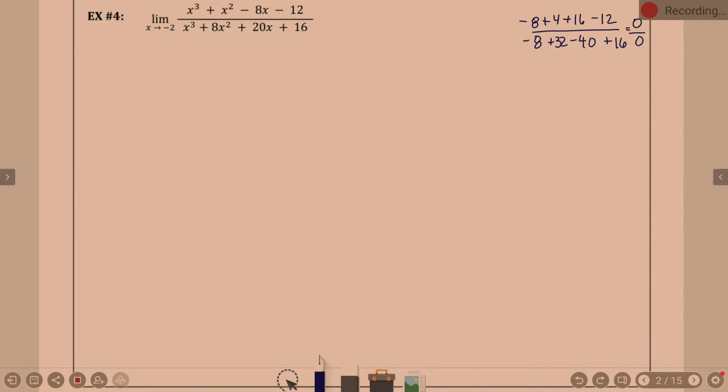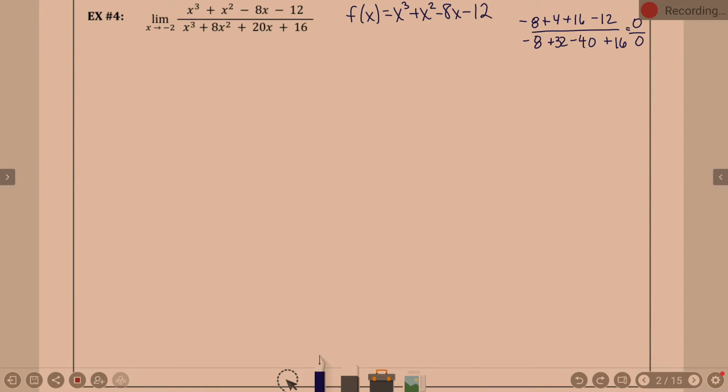Now, an option, so we don't have to rewrite those functions a bunch of times when you're doing an open-ended response. We can define those functions to be whatever we want them to be. So we can call them, say, f and g. And then when you write them in your work, you can refer to them as f and g. Does that make sense? So if I go up here, before I ever get started, I define f of x to be x cubed plus x squared minus 8x minus 12.